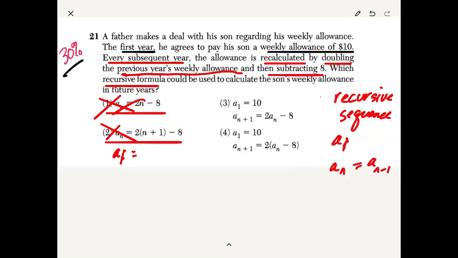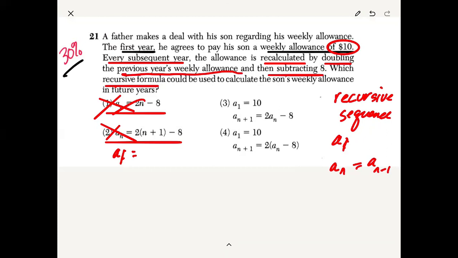So they both have the initial amount because the son gets $10 every week. And then it says they double the previous weekly allowance and then they subtract 8.